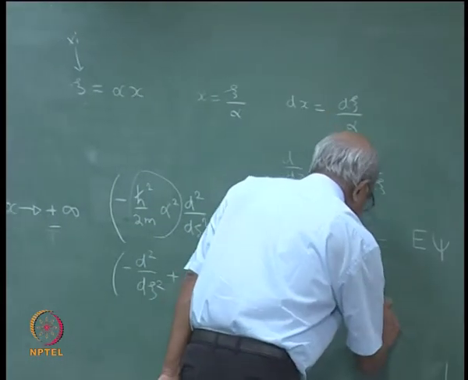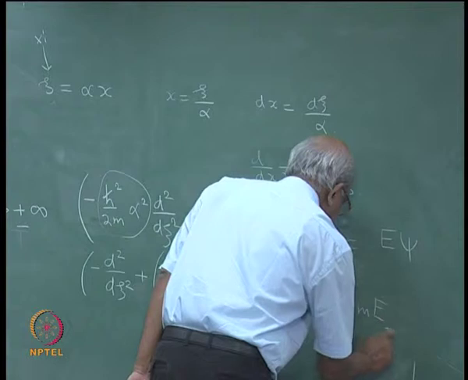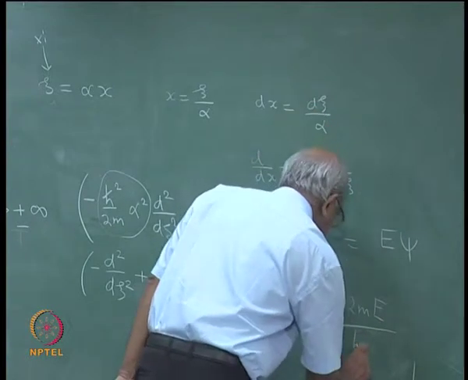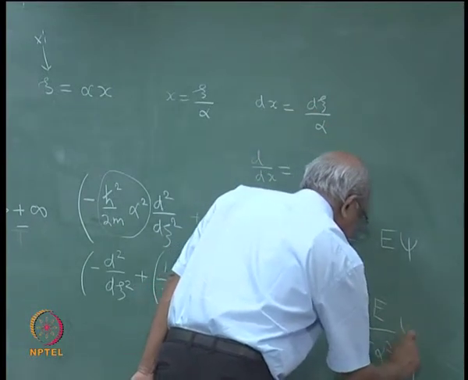And on the right hand side you are going to have 2m E divided by h cross square alpha square into psi.